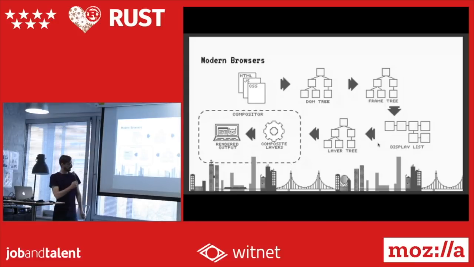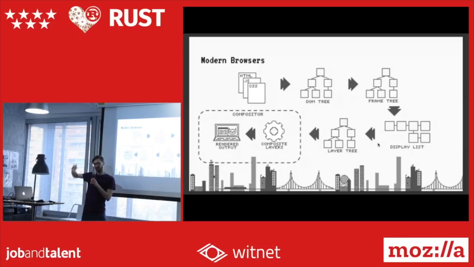So where were we? We had this tree of layers, which are basically just images, pieces of the web page, sometimes overlapping, in GPU textures. And then we hand them off to this other piece of code, which you can imagine as being completely separate from the web browser engine, because that's a good way to think of it. And sometimes it even runs on a different thread.